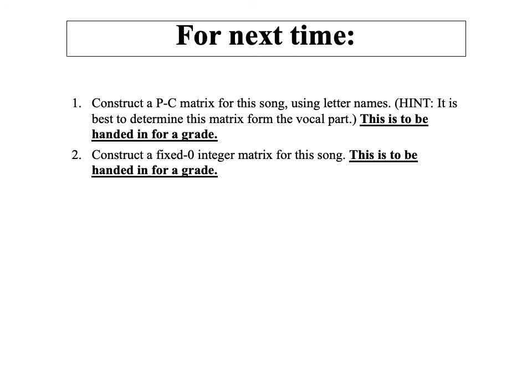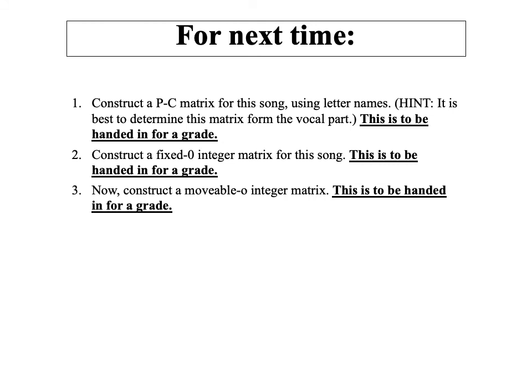And then after you've constructed your fixed 0 integer matrix, can you see this coming? Construct a movable 0 integer matrix, which means regardless of what note the first row starts on, you're going to call it 0. So if the first row starts on F sharp, don't do what you do in a fixed 0 matrix and call it 6.